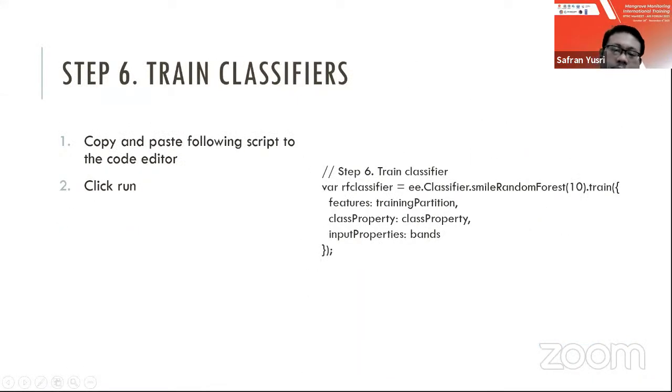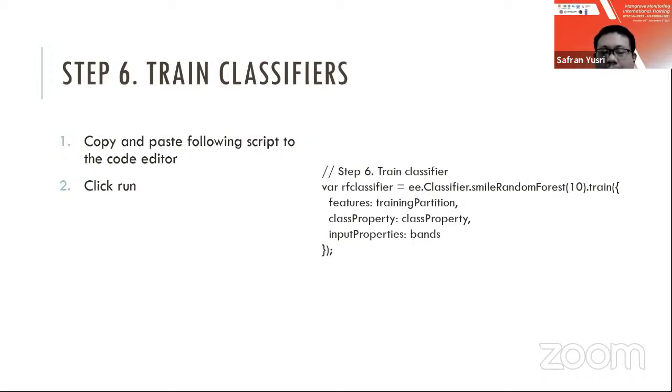Okay, the next step is you have to train the classifier using this code. Actually, Google Earth Engine has a lot of algorithms for machine learning. You have Maxent, maximum entropy, random forest, CART, naive Bayes, and other classifiers. The one I'll be using is random forest because it's one of the most used classification algorithms in Google Earth Engine.